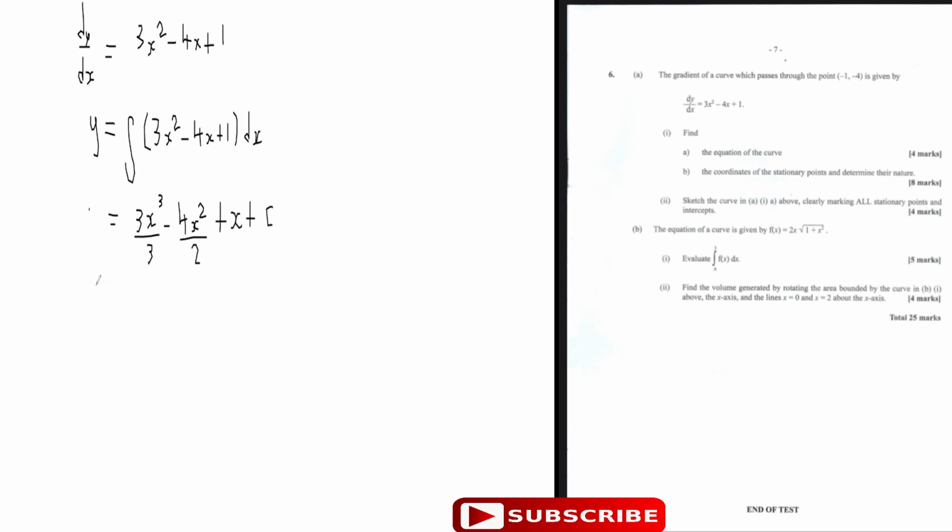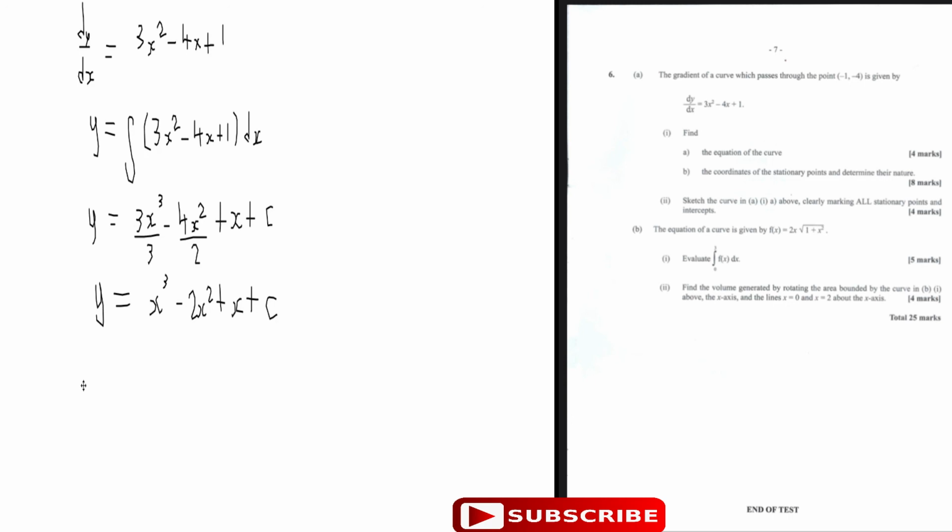If you want to go ahead and simplify it, you're going to see that y is actually just x cubed minus 2x squared plus x plus c. Nice and easy. Now you need the point minus 1, minus 4.